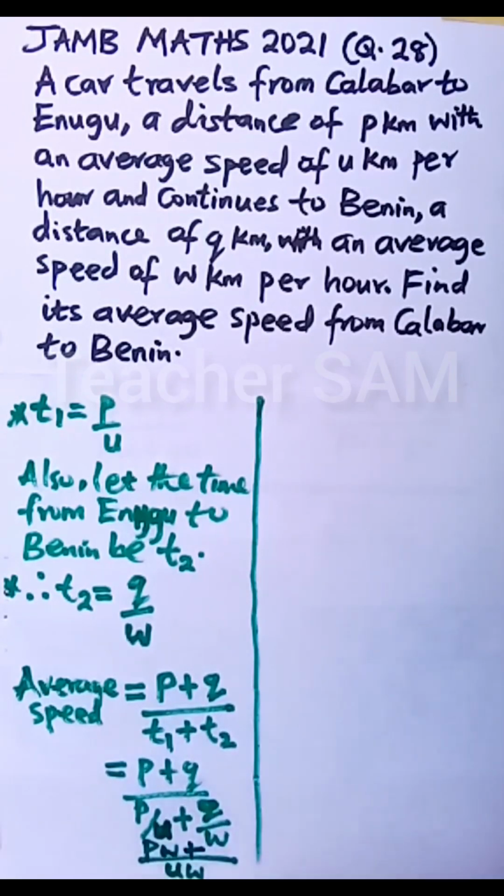We have PW plus. Now our W, we divide W here. So we'll be left with P. So P times Q, we'll be having Q U. So let me rewrite what we have here. We're having QU.